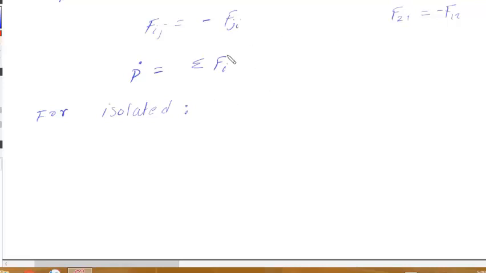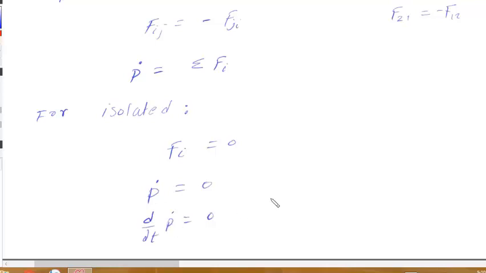When the external force is 0, for the isolated system, the sum of all the external forces on the system is 0. Then this equation can be written as the change in the momentum is 0.